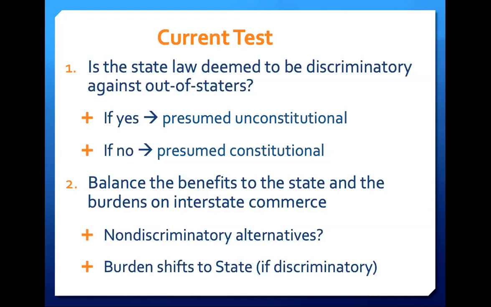Yes, everyone is getting taxed here, both in-staters and out-of-staters, but it's the in-staters who are basically turning around and getting a refund of their tax. So the court says the tax might be constitutional, the subsidy might by itself be constitutional, but together we have a discriminatory tax and also a burden on interstate commerce.